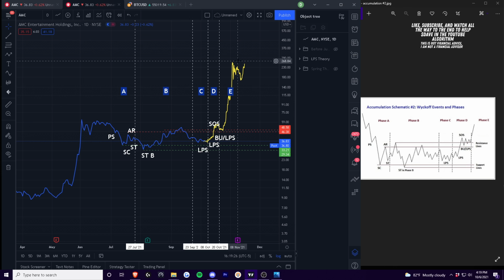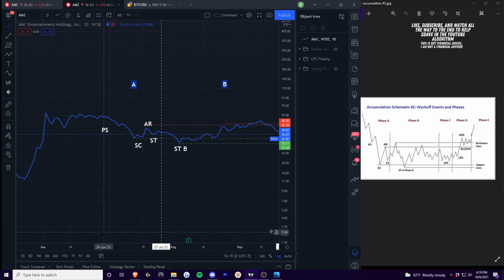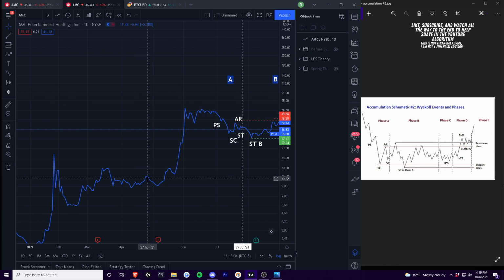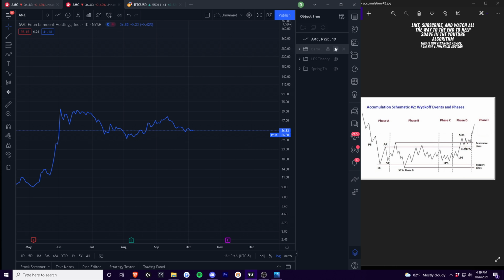And the way that I got these bars, the bar pattern, is I essentially was just comparing it to the last run, and this move here in late April to mid-May, late May, is the one that I copied off of for this schematic.